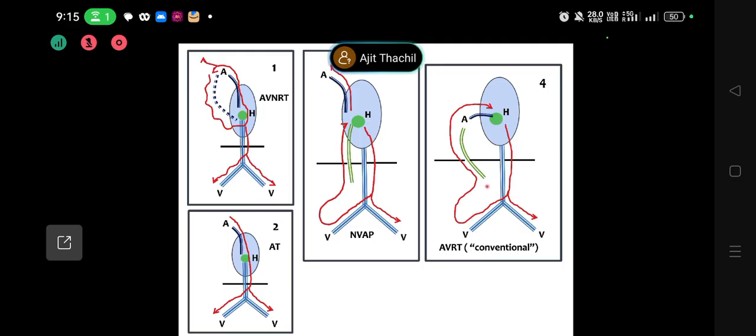So if a PVC occurs after the antegrade part of the circuit is refractory and that PVC gets into the atrium, that means there is one more route of going from the ventricle to the atrium, and that route is what we call an accessory pathway. So if the A is advanced by the PVC, which occurs at or after the His, this means there is an accessory pathway.